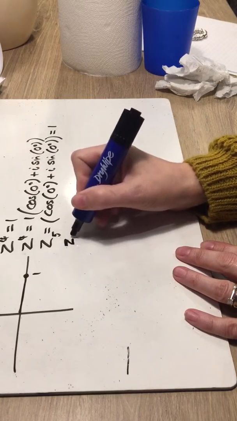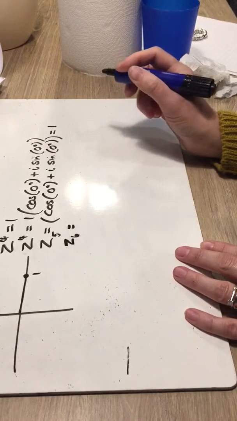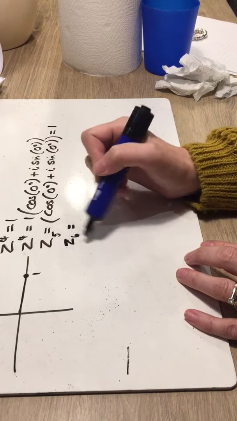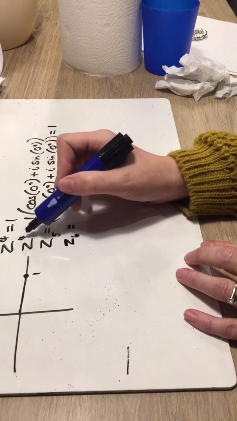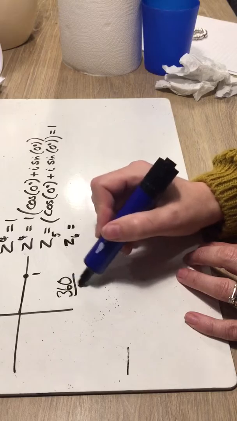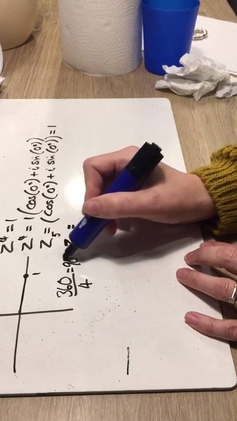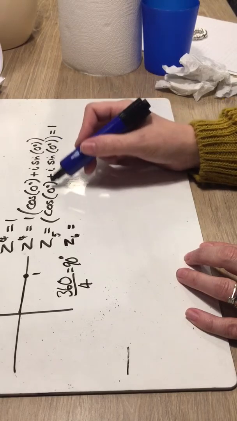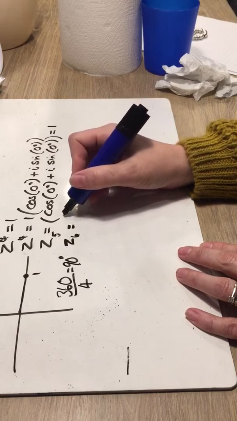Right, so z6 is our next root, and because it's to the power of 4, we're looking for 4 solutions here. And again, just like in the previous question, 360 divided by 4 is 90. So I'm adding and subtracting 90 on to the first solution's argument.